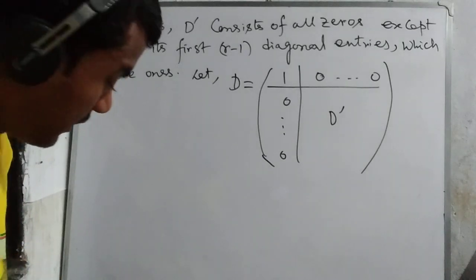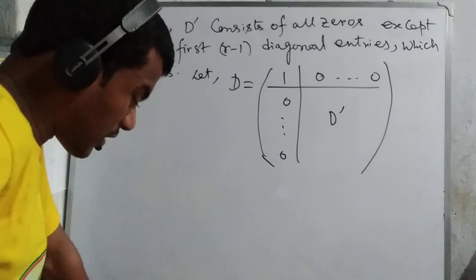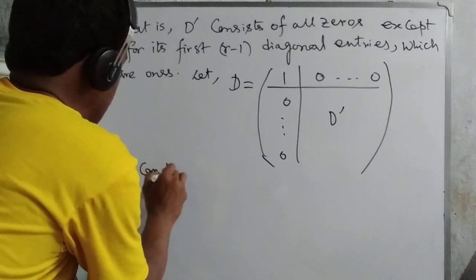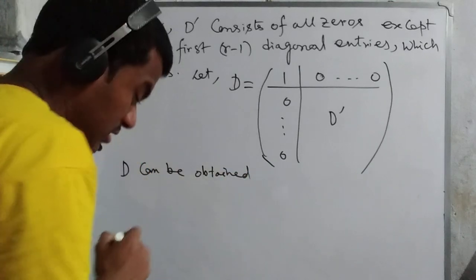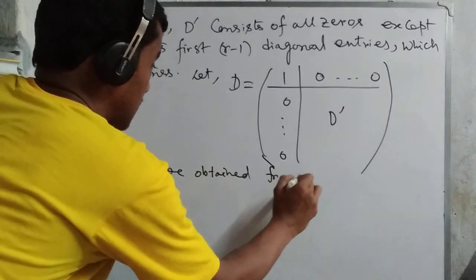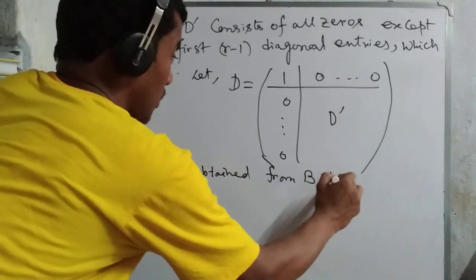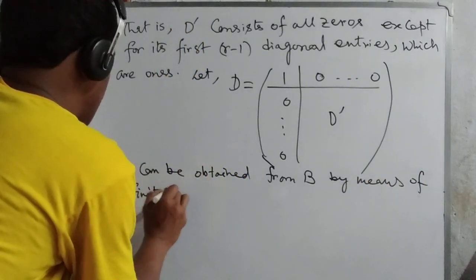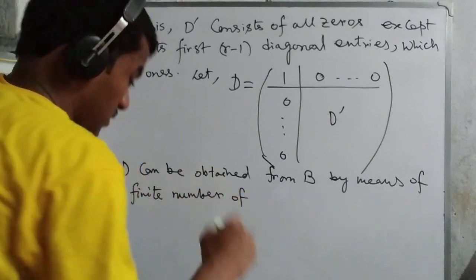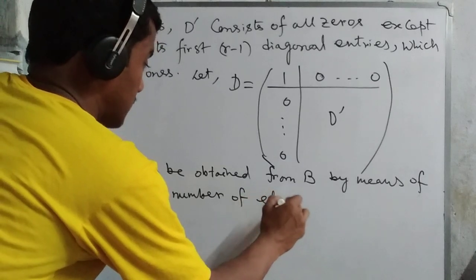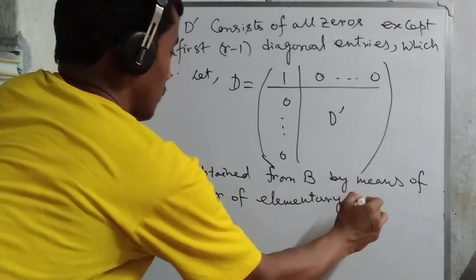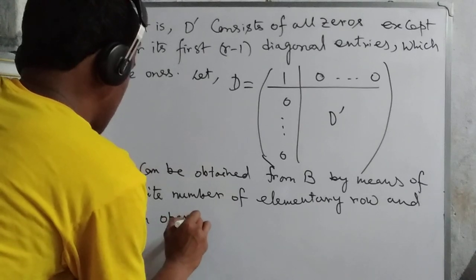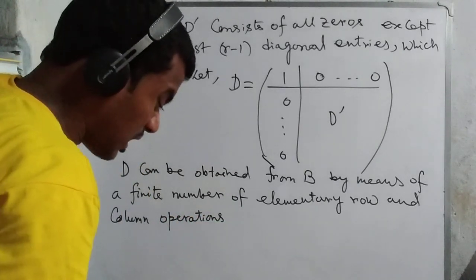And then we see that the theorem now follows, that d can be obtained from b by means of a finite number of elementary row and column operations. Understood?